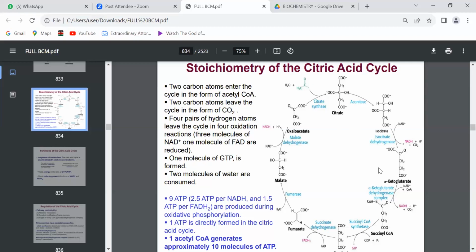So let me see if I can annotate. We say citrate, which is C, isocitrate, Krebs starting substrate.